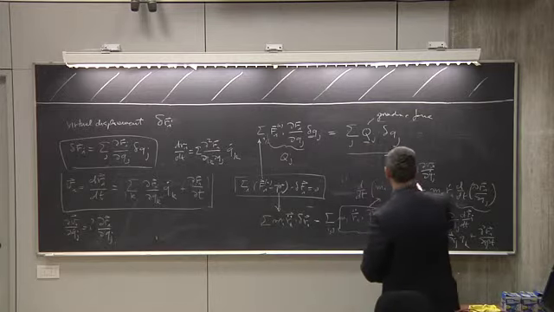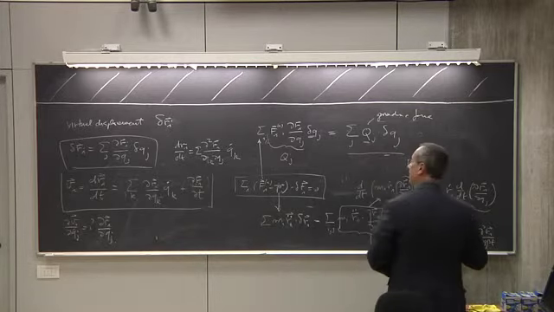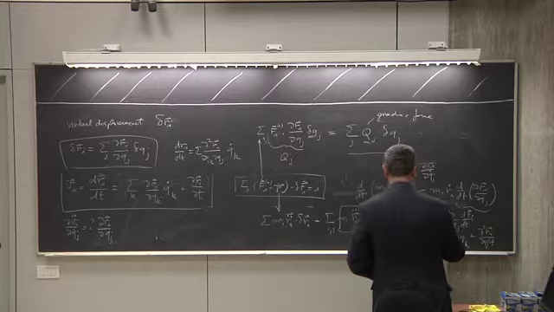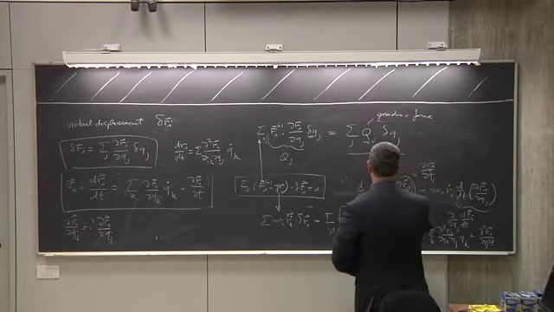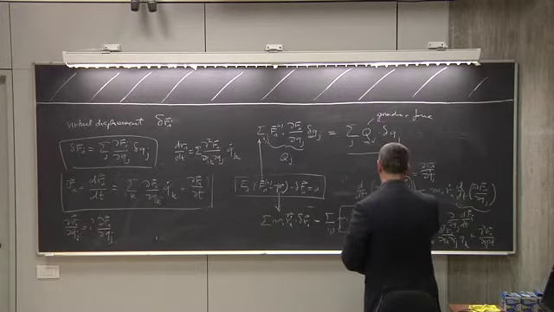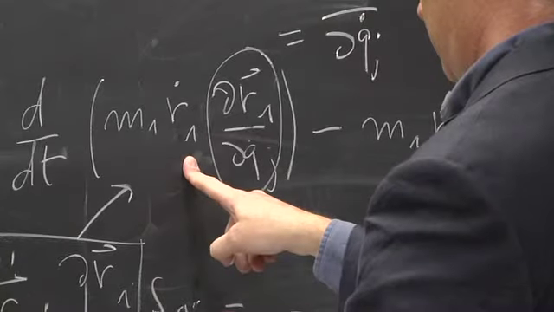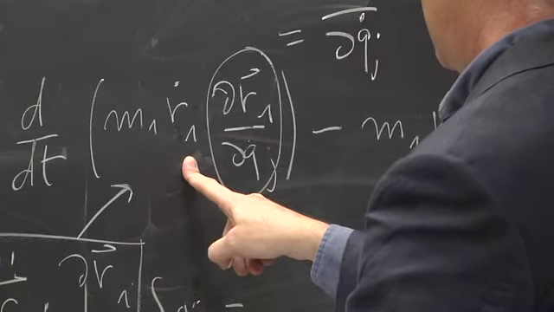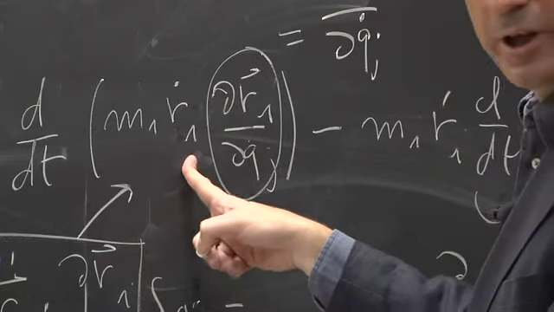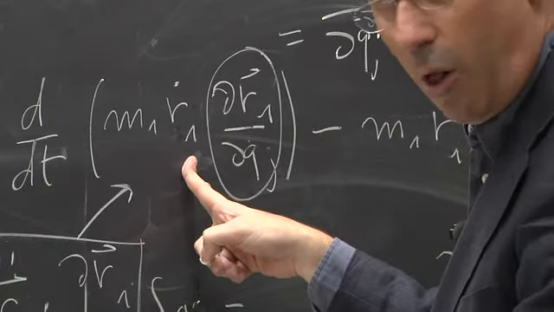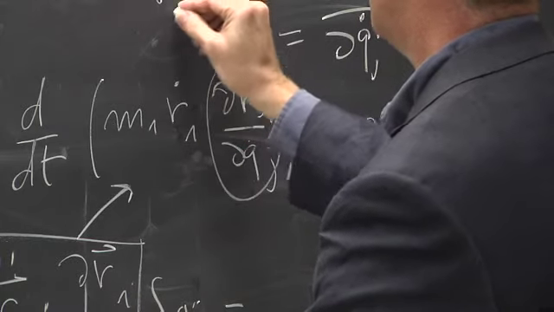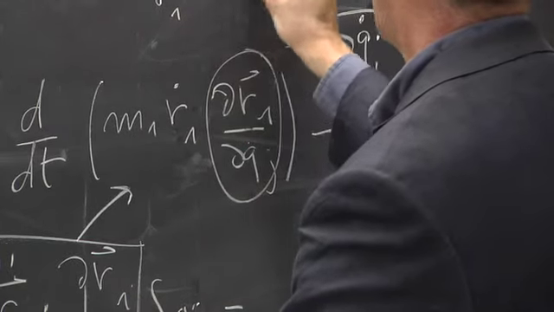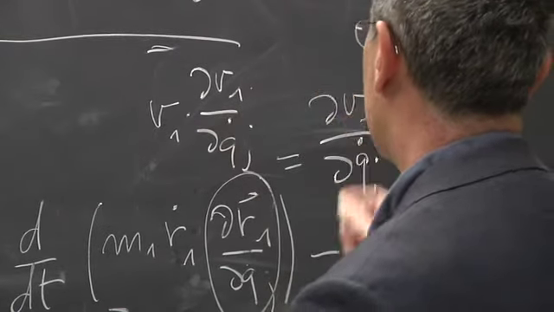How about this? I said I want to write everything here in terms of the velocity or derivative of the velocity. In particular, I want to write this as a kinetic term. So to do that, look at this. r dot i is what? It is also known as the velocity. So you see here, essentially you have vi dot dvi dq dot j.